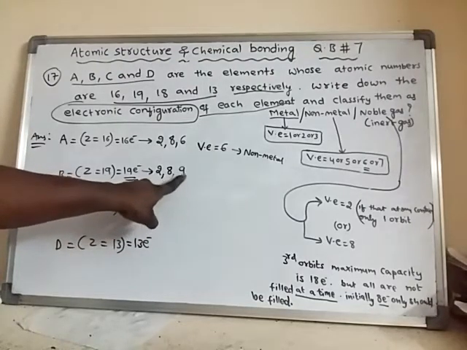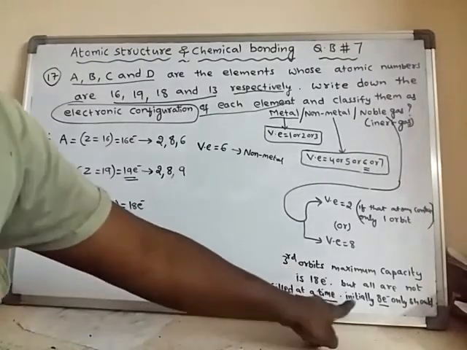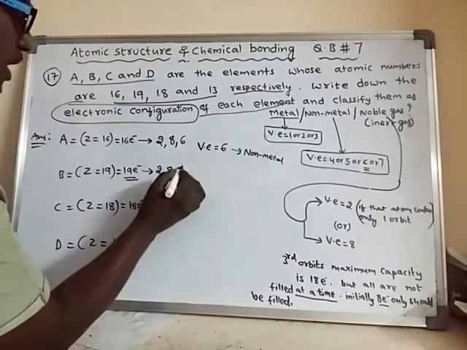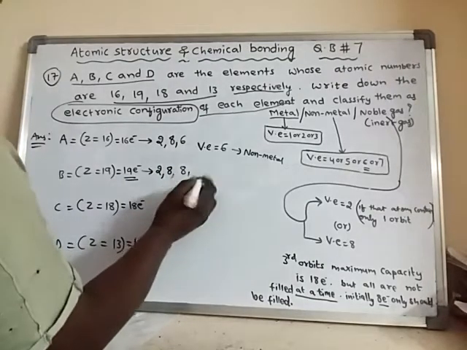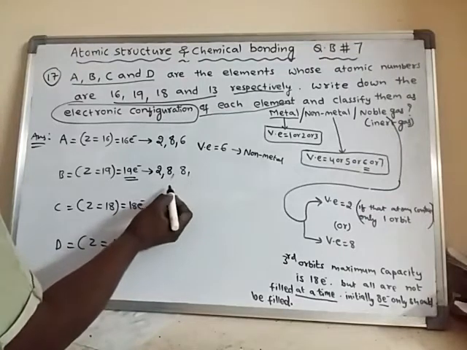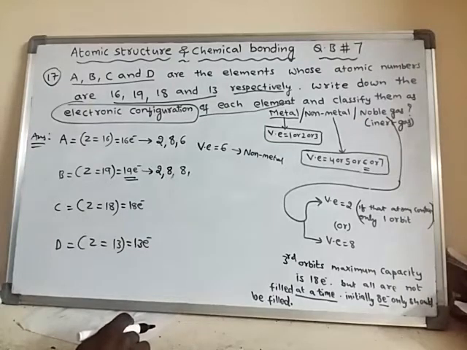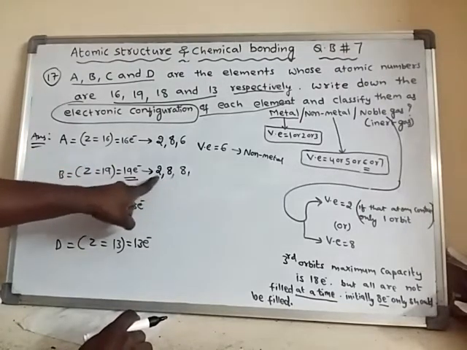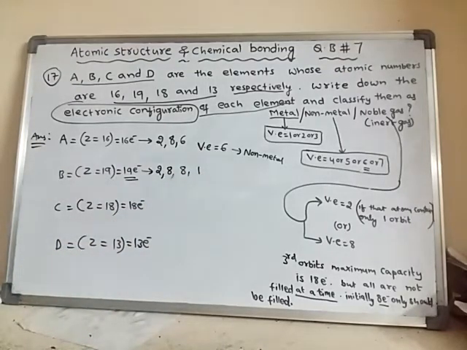We should not write all 9 in the third orbit; initially only 8 electrons should be filled there. After that, 2 electrons go in the fourth orbit. 18 electrons are finished, so only 1 electron is left over, and that electron will enter the fourth orbit.